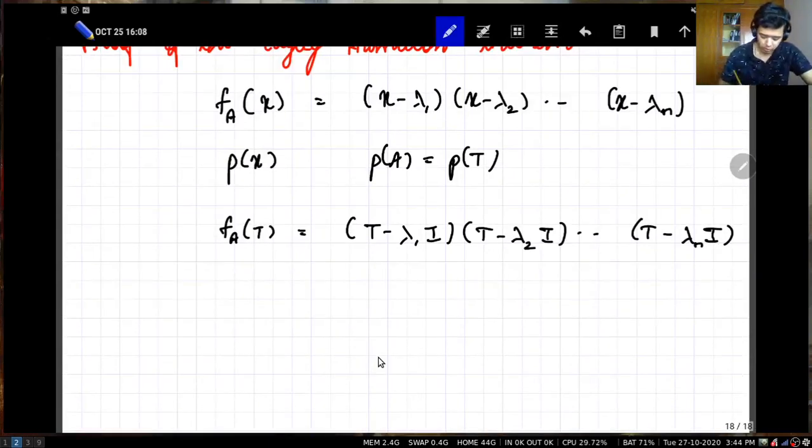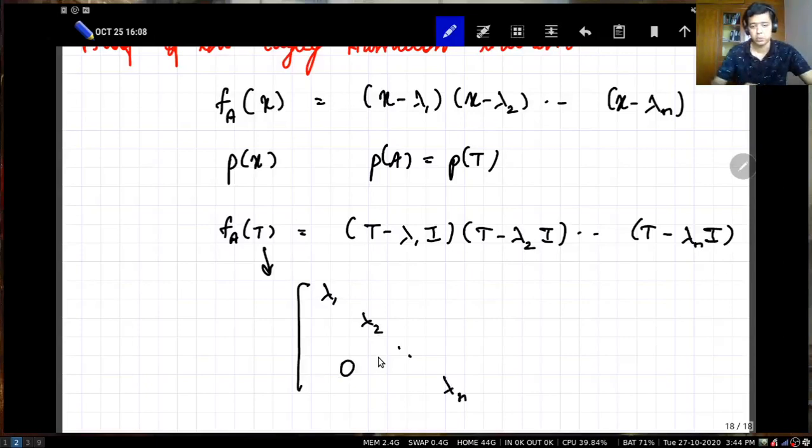Since T is upper triangular, let's assume that T takes the following form: lambda 1, lambda 2 up to lambda n on the diagonal. The entries below the diagonal are all 0, and you can have some arbitrary non-zero entries above the diagonal.